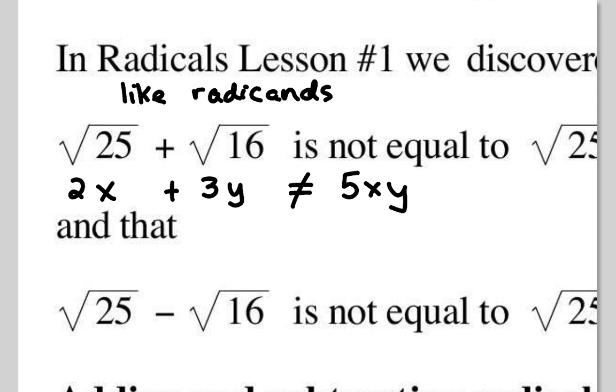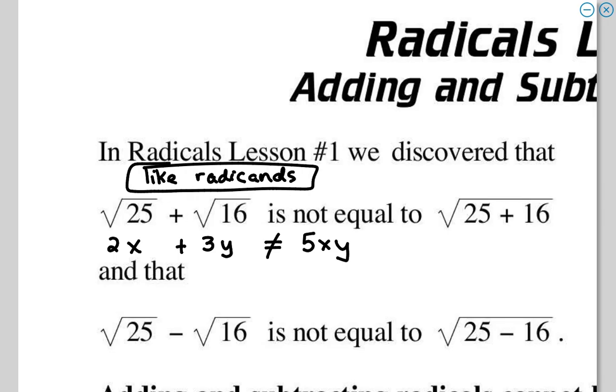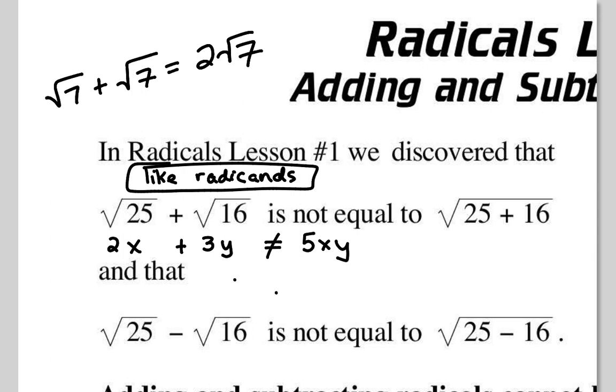So just like with the polynomials and collecting like terms, for radicals, they have to have like radicands. So for example, 1 root 7 plus 1 root 7, that's 2 root 7s. That's a smiley face.